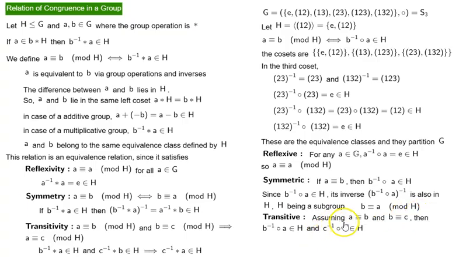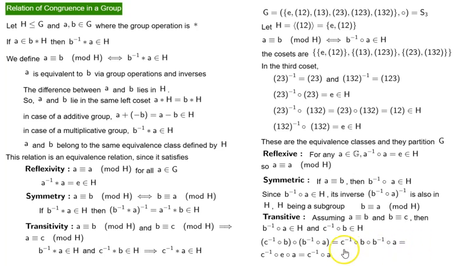Transitive: assuming a is congruent to b and b is congruent to c, then b inverse times a is in H based on our definition itself, and c inverse times b is in H, again based on the definition. So we have c inverse times b times b inverse times a, which is equal to c inverse times (b times b inverse) times a.